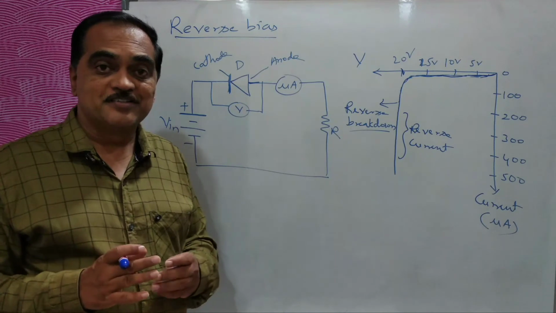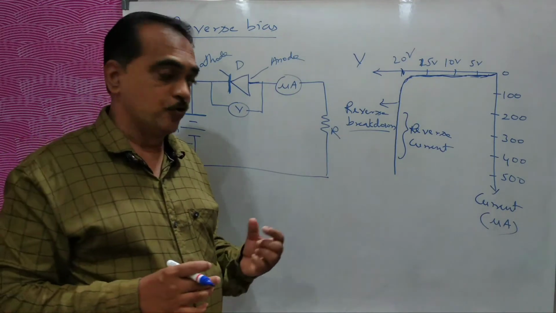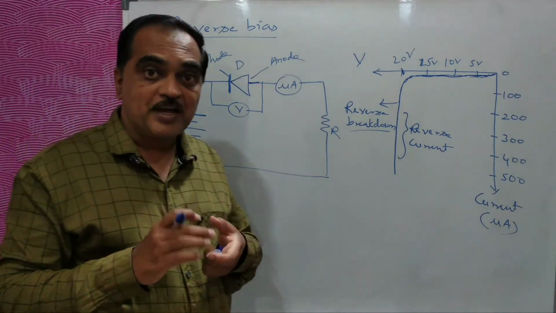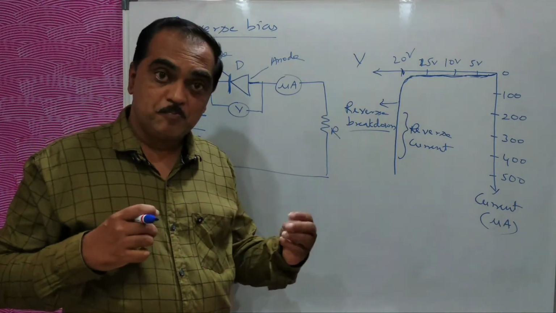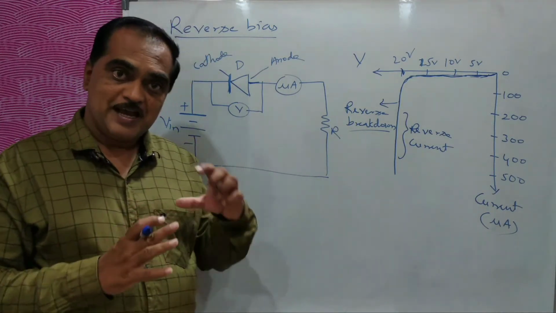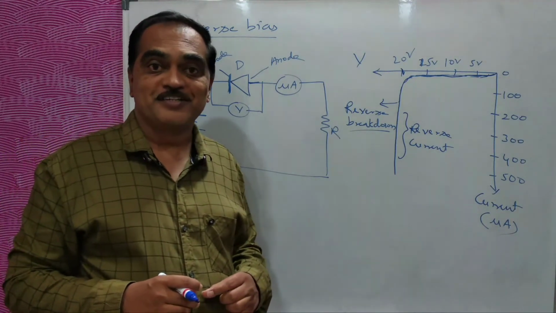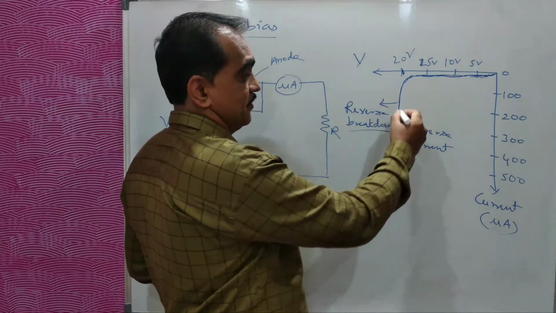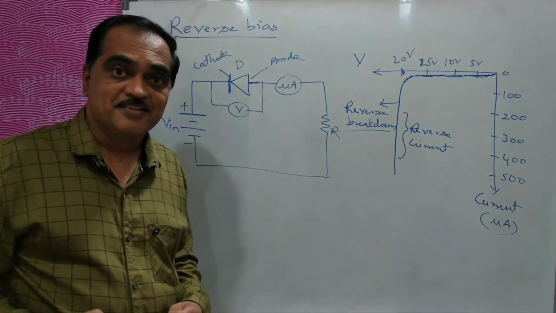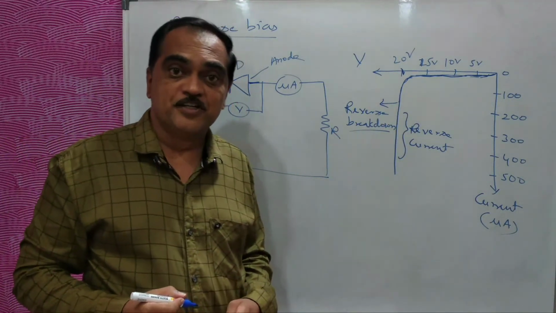The number of minority charge carriers will suddenly increase because as you increase the voltage, the kinetic energy of the charge carriers increases and they knock out each other, and therefore the number of minority charge carriers increases. As it increases, there will be a sudden rise in the current. That rise in the current is called reverse breakdown.